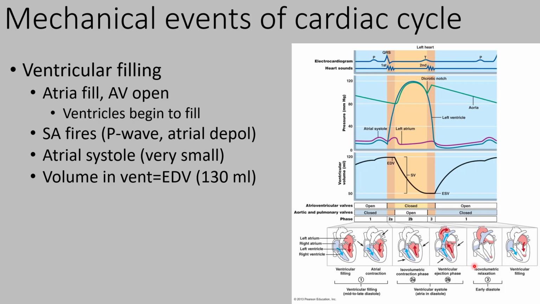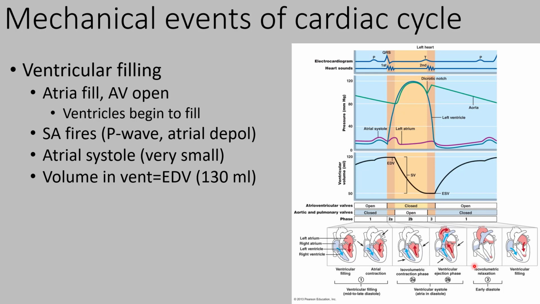Here I'm going to take a detour for a moment and introduce something that we're going to be hearing a whole lot about, and that is pressure. We're constantly going to be talking about pressure rising and pressure dropping, because pressure really is what is going to dictate the movement of blood. It's all going to come down to pressure.